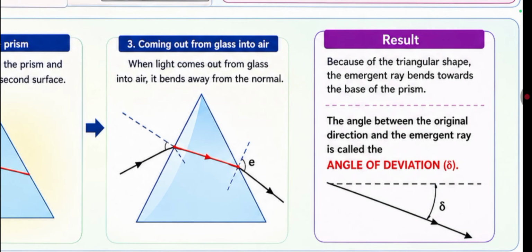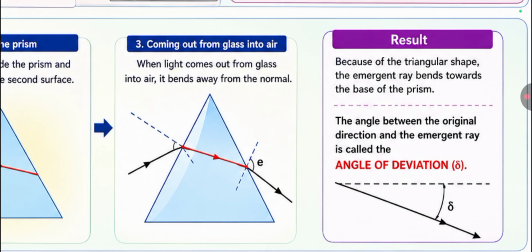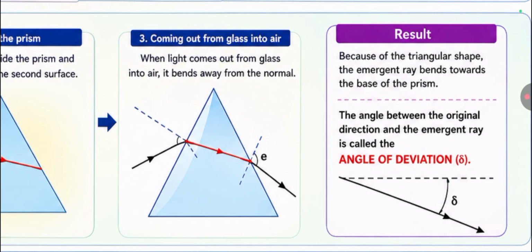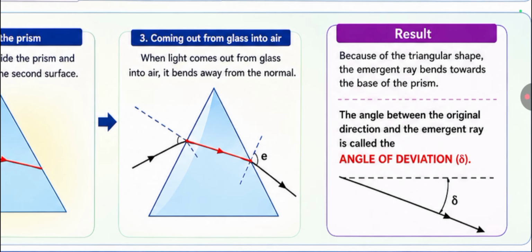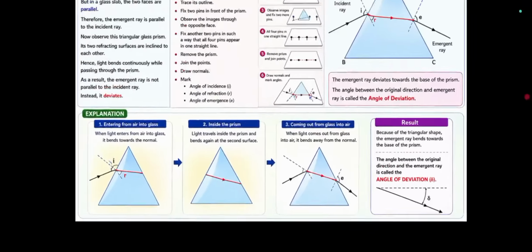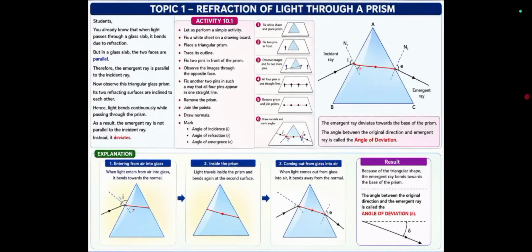Because of the triangular shape, the emergent ray bends towards the base of the prism. The angle between the original direction and the emergent ray is called the angle of deviation. This is the concept of refraction of light through a prism.